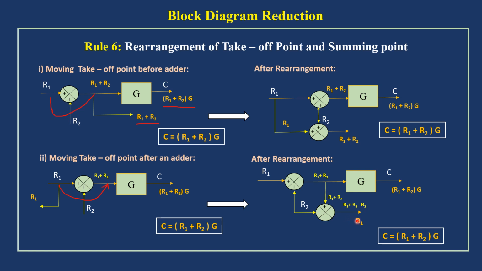So we get R1 plus R2 minus R2, that R2 will be eliminated to get the output as R1. Now we got the output R1. So here also the output is maintained the same. So for the rearrangement of takeoff point and adder, after an adder also, before an adder also, we should include one more summing point.